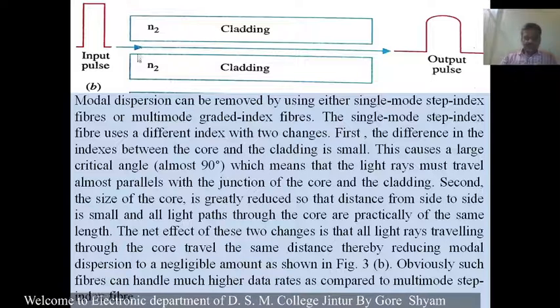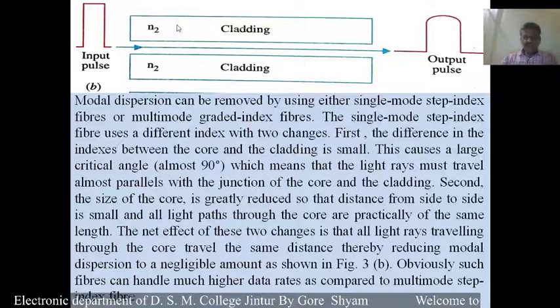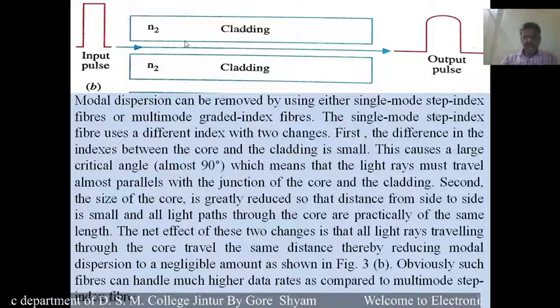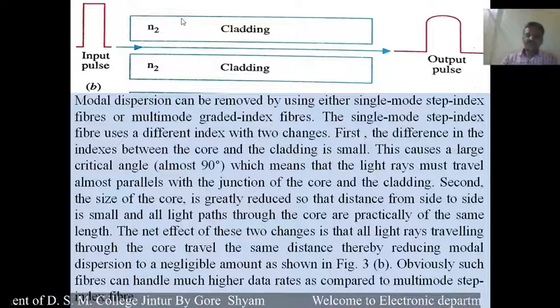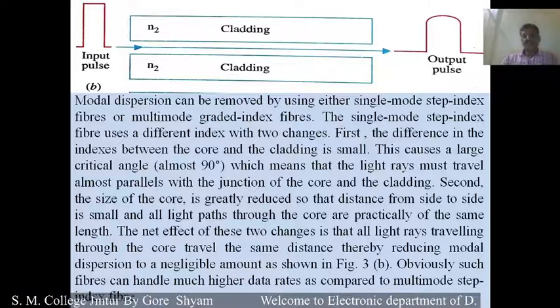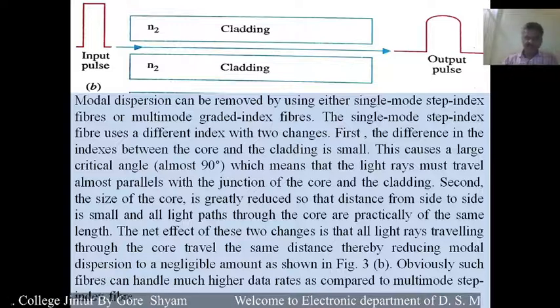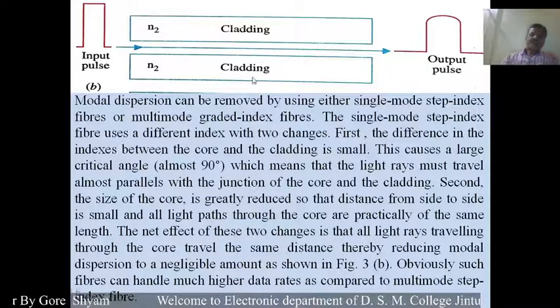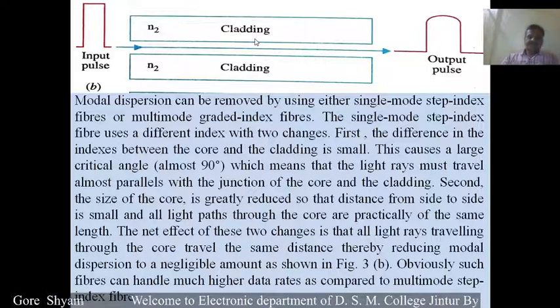Here the refractive index of the core is the same, and the refractive index of the cladding is different. So from this point to this point the refractive index is the same, and from this point to this point the refractive index is different. That is, the refractive index of the cladding and the refractive index of the core are different, and the refractive index changes in steps.